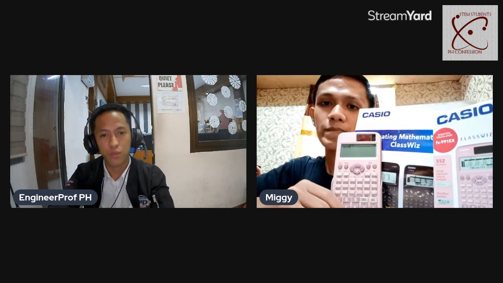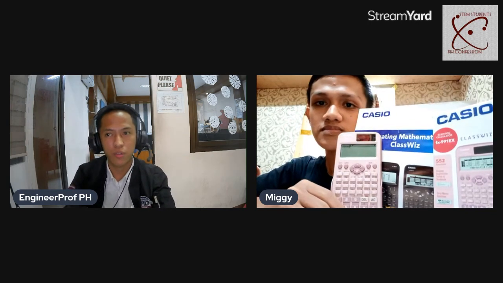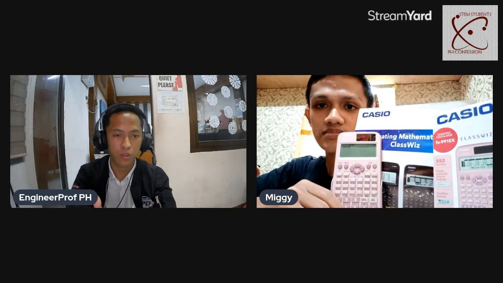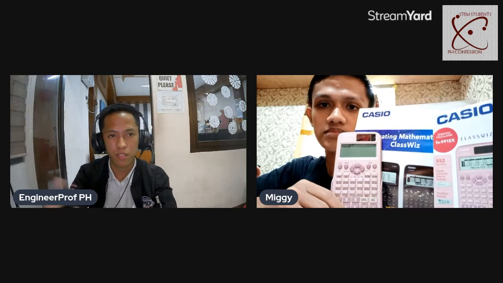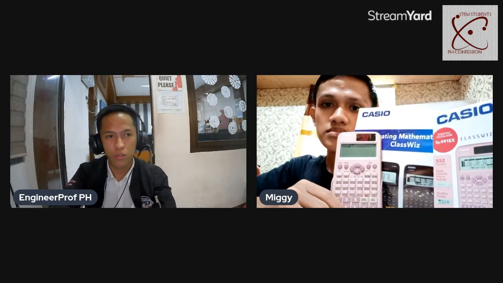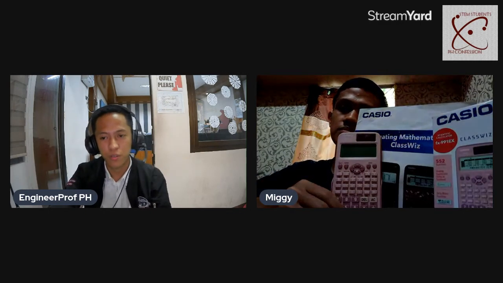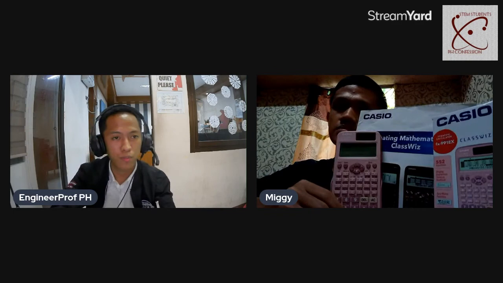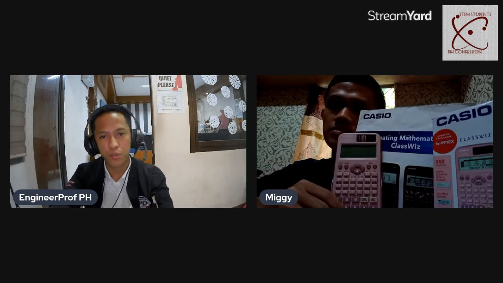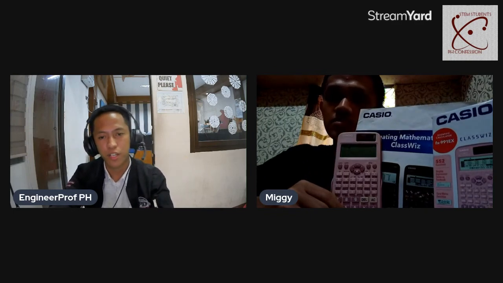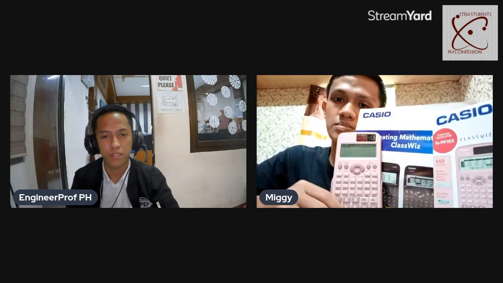Or kahit yung natural na QR code scanner, pwede naman. Pero meron kasing features yung Casio Edu Plus na pwede mong i-share sa classmates nyo yung mga pinag-solve na problem. So Casio Edu Plus po yung app na ginamit ko kanina for scanning the QR code.